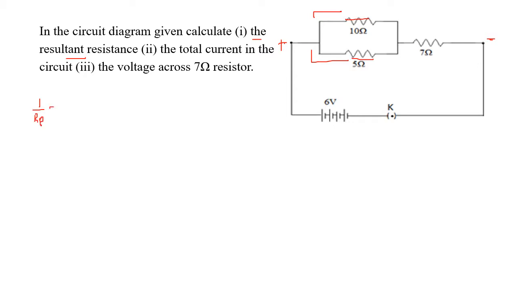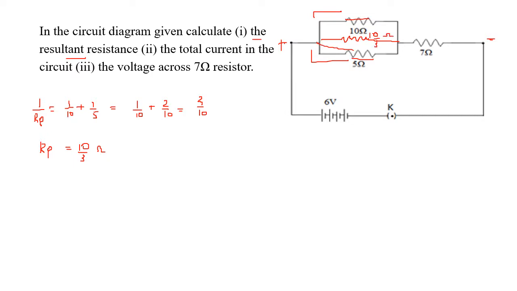1 upon Rp equal to 1 upon 10 plus 1 upon 5 equal to 1 upon 10 plus 2 upon 10 equal to 3 upon 10, or Rp equal to 10 upon 3 ohm. So the equivalent resistance of these 2 has now become 10 upon 3 ohm.